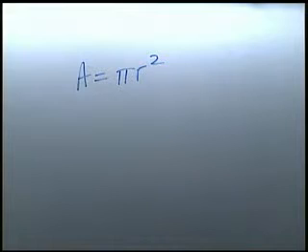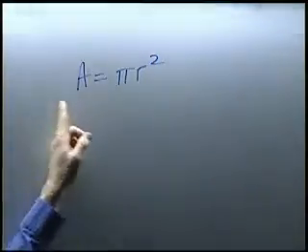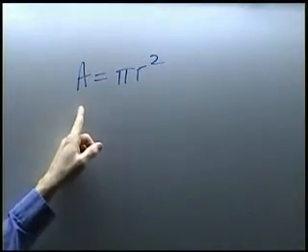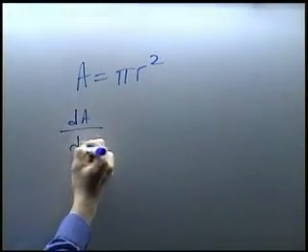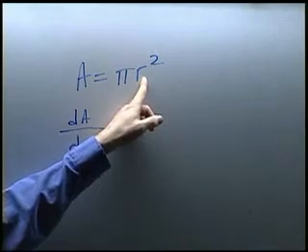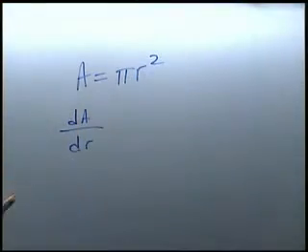Now, if I was to give you this, and I was to give you problem number 28, could you use differentials to solve it? If you answer that yes, then you know what you're doing here. Now, question is, what is the derivative of this function? Well, what's the derivative over here? dA dr, because r is my variable on this side, so that's my independent.